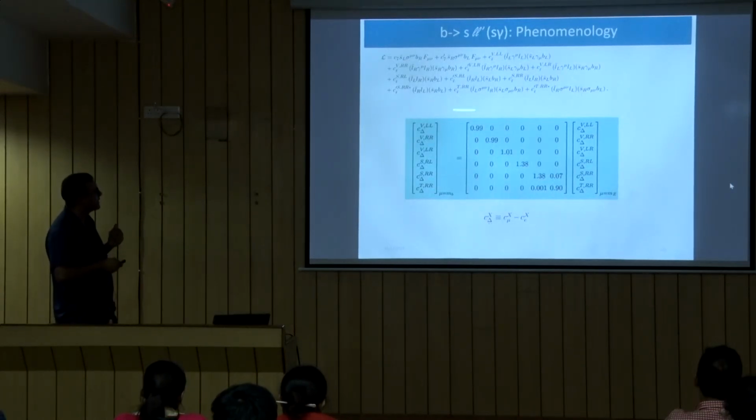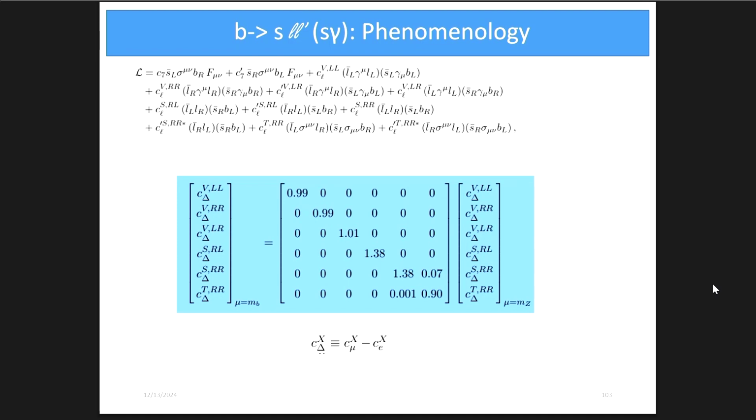Let's say you have a set of operators, it has been calculated already. These are the set of operators that contribute to B to S l l or B to S gamma, and for all these coefficients the gamma matrix, that means the anomalous dimension matrix, is calculated, and this is what the equations are. So you can relate the coefficient at a scale mu b to the coefficient at a scale mu z, mu equals m_Z, that means electroweak scale.